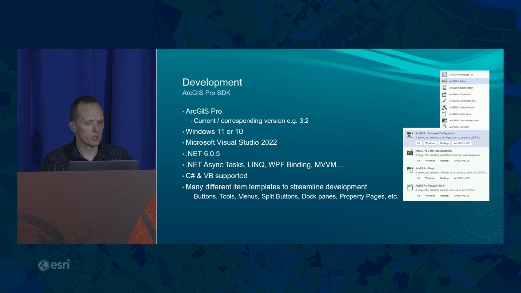There's a minimum .NET version of .NET 6.0.5. You get to take advantage of all of the nice features of the .NET language, so async tasks, LINQ, WPF binding, and the MVVM development pattern. Both C# and VB languages are supported. And then there are many different templates available to you within Visual Studio, buttons, tools, menus, to speed up and enhance your development.